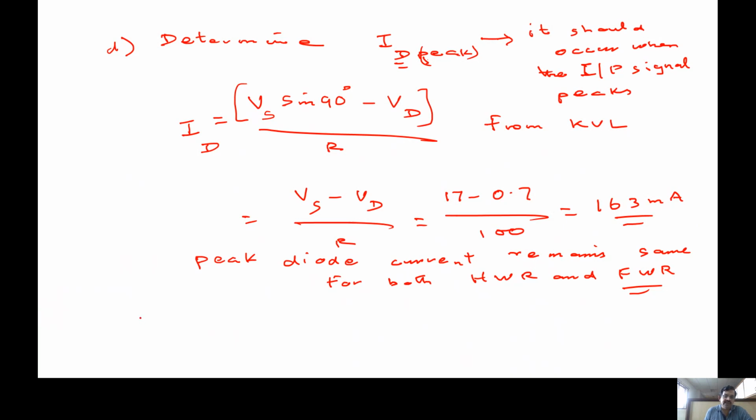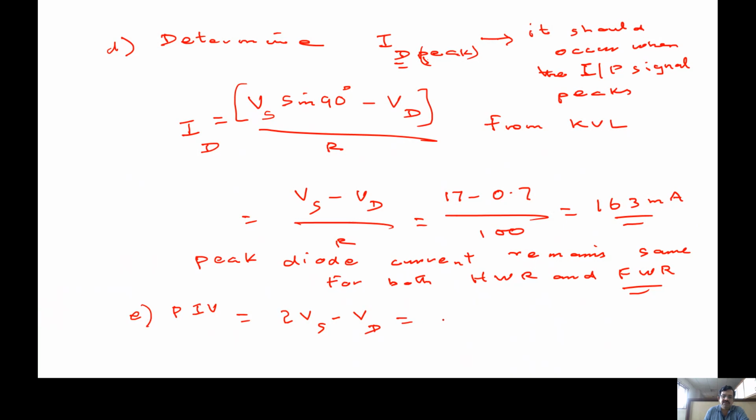Okay. Now the last question is peak inverse voltage. The maximum voltage under reverse bias of the diode that is expected to occur across the diode which is under reverse bias. So peak inverse voltage will be, we have seen, 2 Vs minus Vd.